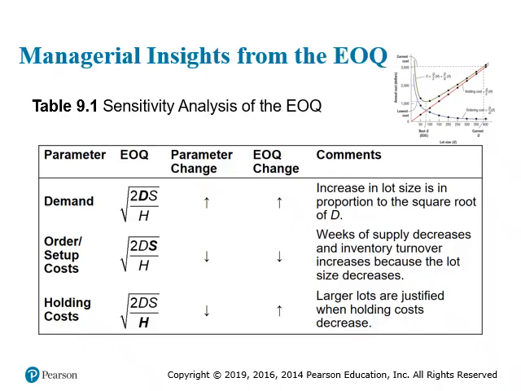Same thing with ordering cost in the numerator, so if it's overestimated, then your EOQ might be a little high. If it's underestimated, your EOQ might be low. And the holding cost is in the denominator, so if you've underestimated the holding cost, then the EOQ is too big. The denominator has that inverse effect.